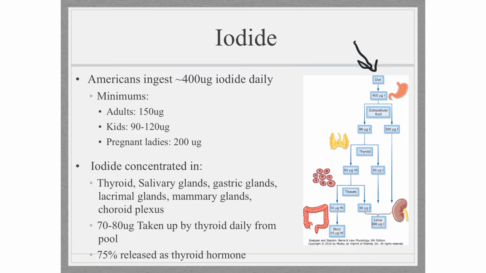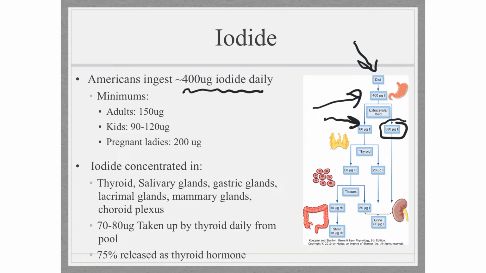Most salt is iodized, meaning that table salt contains iodide inside of it. Generally, we see that Americans are consuming far more than what our body actually needs to work at a basic level. We're generally ingesting about 400 micrograms per day, and that amount is either stored in the body and utilized by the thyroid, or the bulk of it is just excreted through the urine.